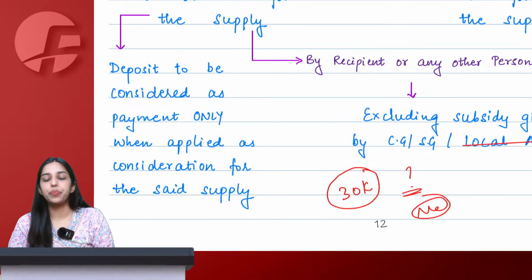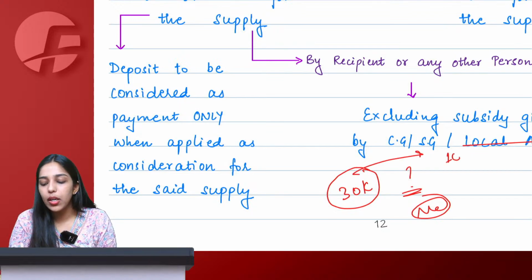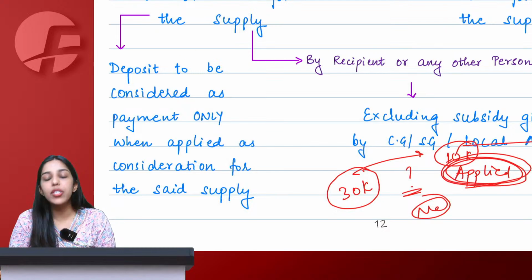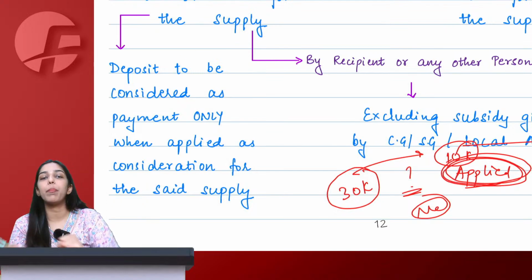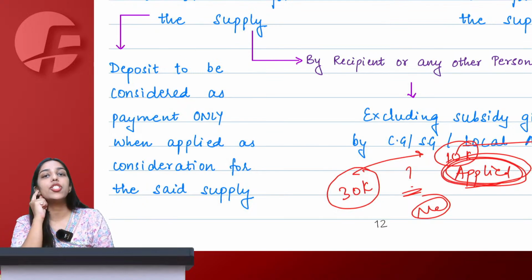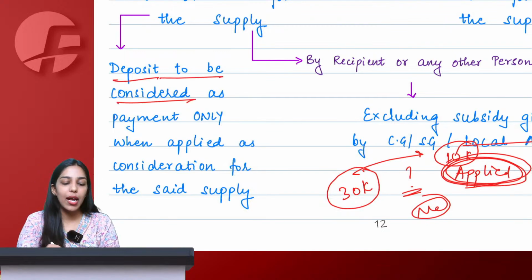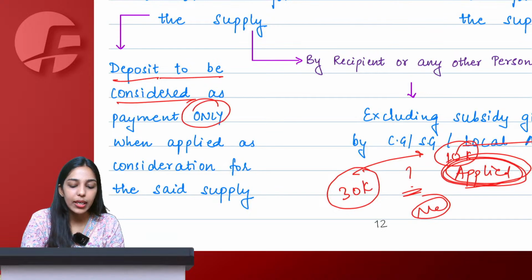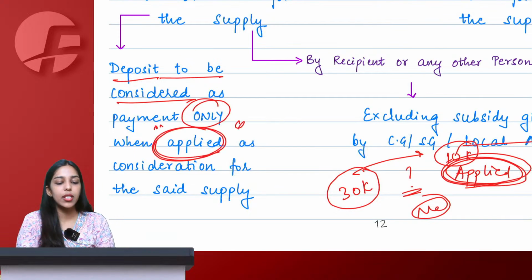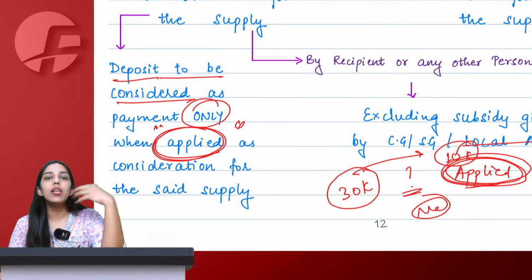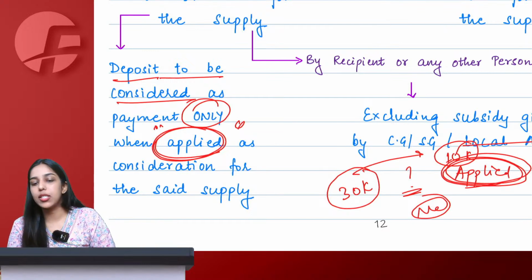The answer is no. But let's say 5 months later, I defaulted on payment of some monthly rent, and out of this 30,000, 10,000 was used to recover that rent from me. Then will it be considered as consideration? The answer is yes. So here we say that deposit has to be considered as consideration, as payment, only when it is applied for consideration. Otherwise, normally merely giving of deposit is not a consideration.